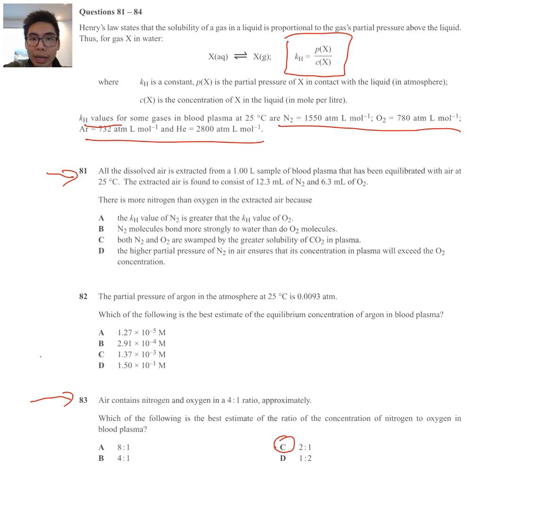The extracted air is found to consist of 12.3 mils of nitrogen and 6.3 mils of oxygen. So what they're trying to say is there was 12.3 mils of nitrogen and 6.3 mils of oxygen dissolved in the blood. If you look at that ratio, 12.3 to 6.2, it is 2:1.